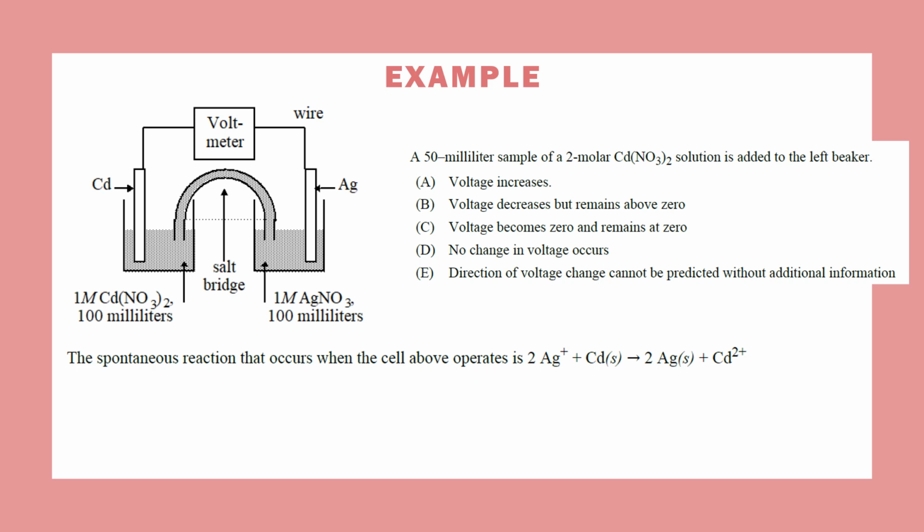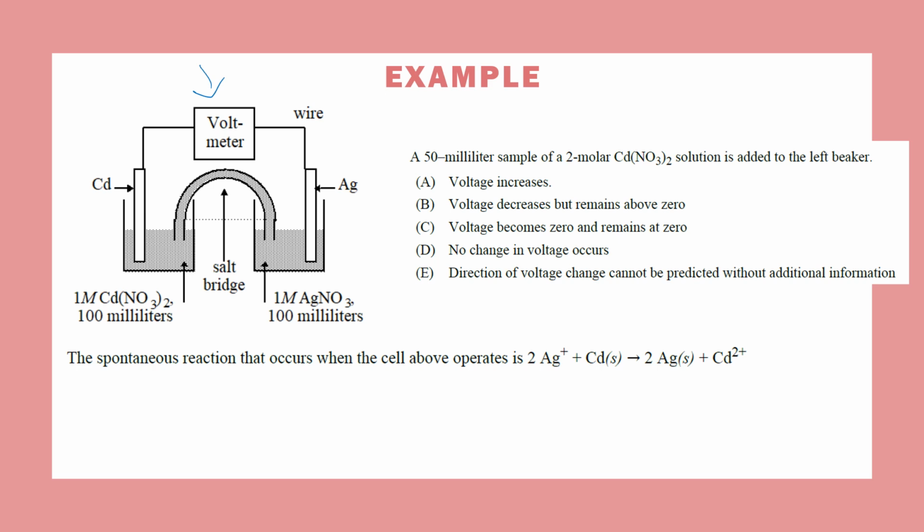Okay, let's do a few multiple choice questions. We have a voltaic cell. We know it's voltaic because there's no power source, and it is a spontaneous reaction then. And we have 2 molar cadmium nitrate added to the left beaker. So this is an application of non-standard conditions.